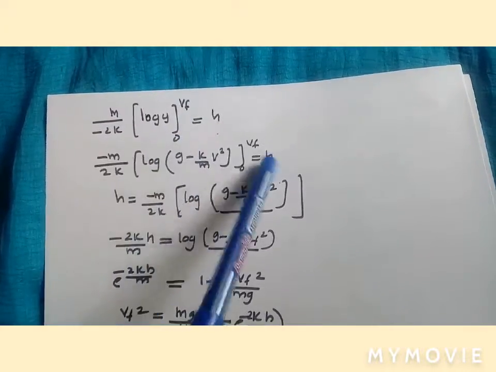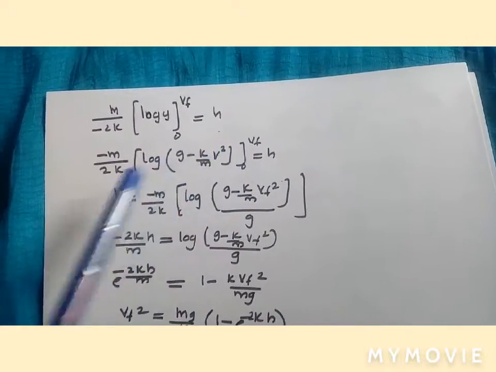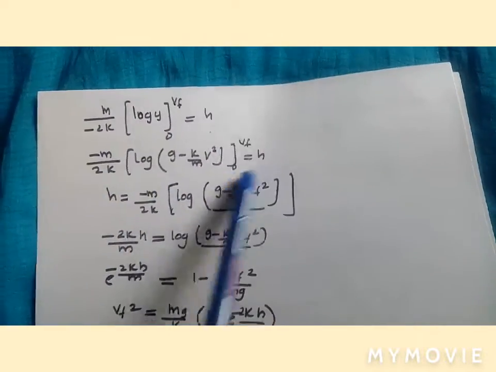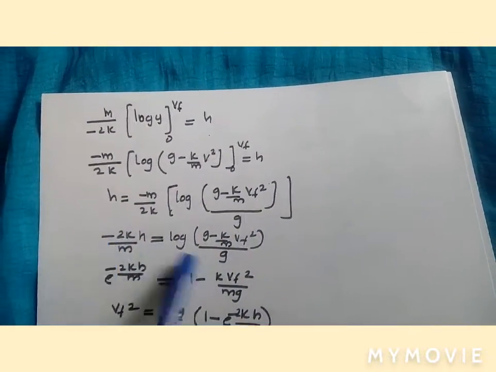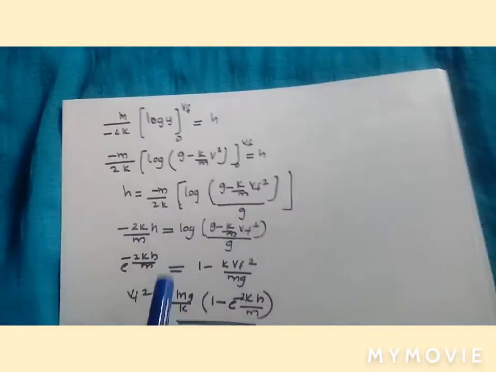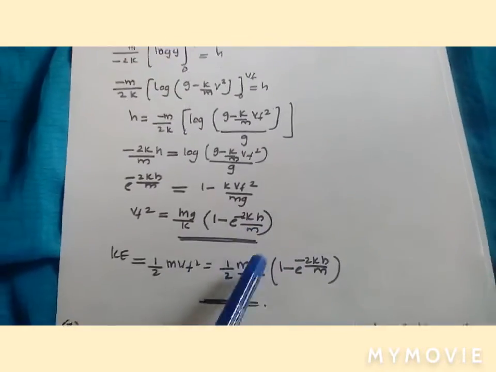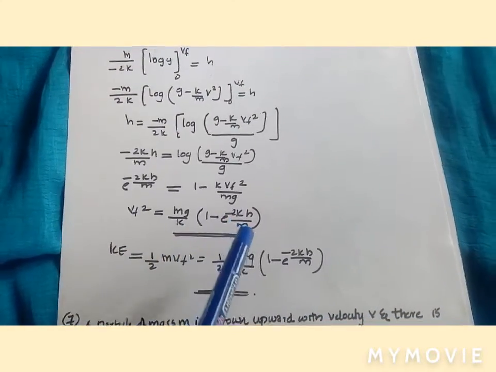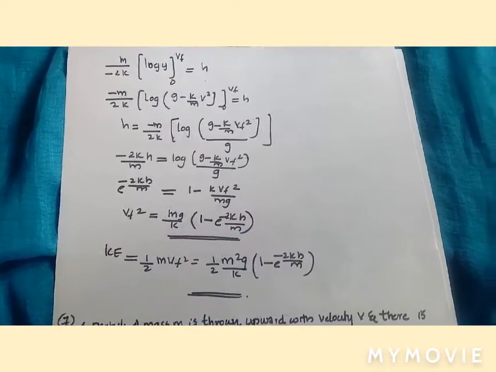Substitute y and we take the upper limit minus lower limit, we get h. From that we find the vf, that is the final velocity, we get the expression Vf square is mg by k into 1 minus e raised to minus 2 kh divided by m.